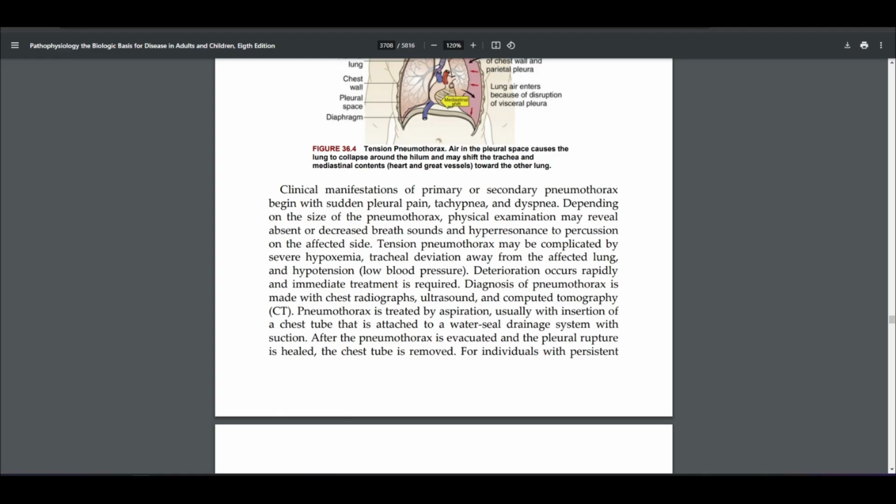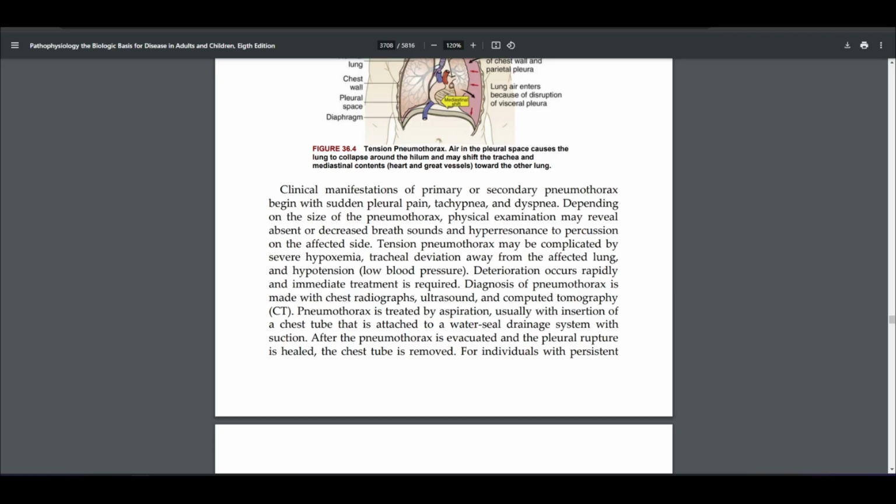Tension pneumothorax may be complicated by severe hypoxemia, tracheal deviation away from the affected lung, and hypotension. Deterioration occurs rapidly and immediate treatment is required. A diagnosis of a pneumothorax is made with chest radiograph, ultrasound, and CT.